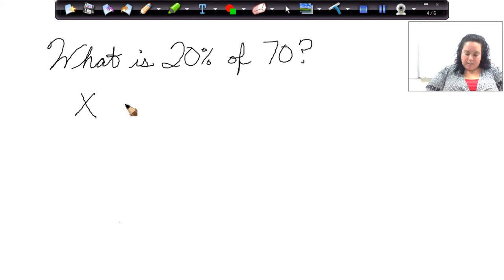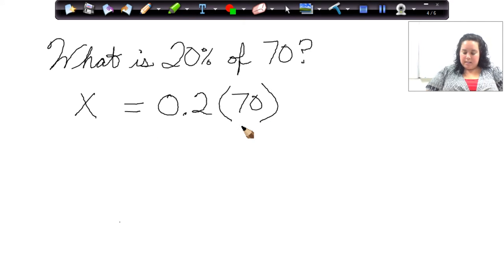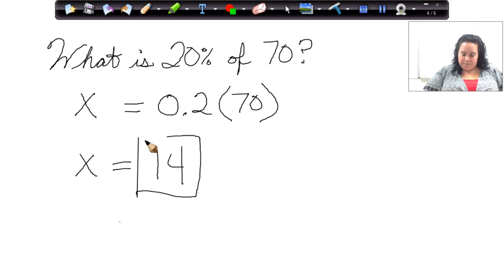What is 20%? So write it as a decimal. Of means times 70. So this is an equation that we can solve really easily. 0.2 times 70 is 14. So X is 14, and 14 is our answer.